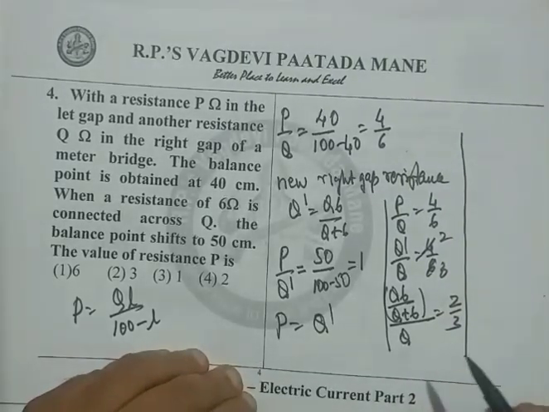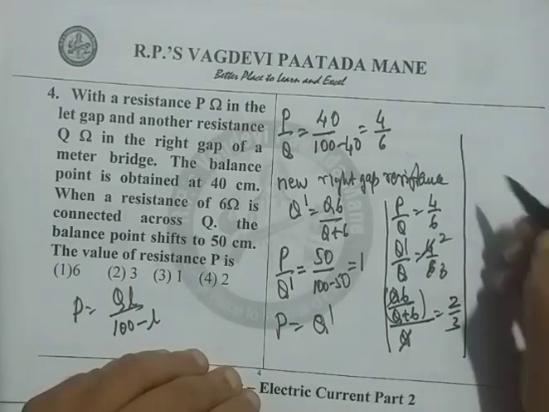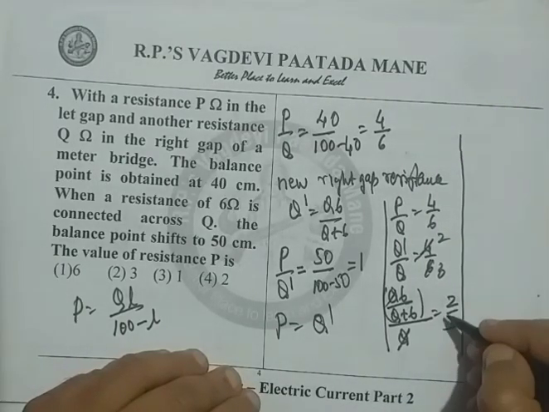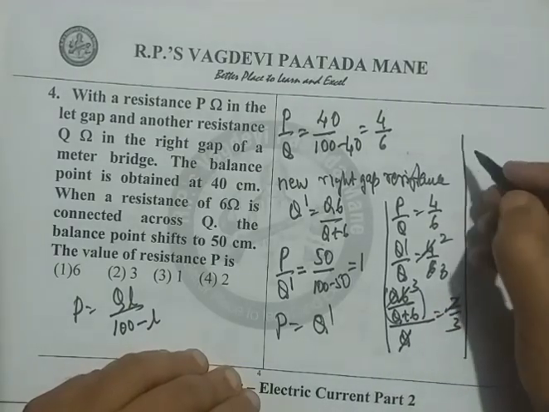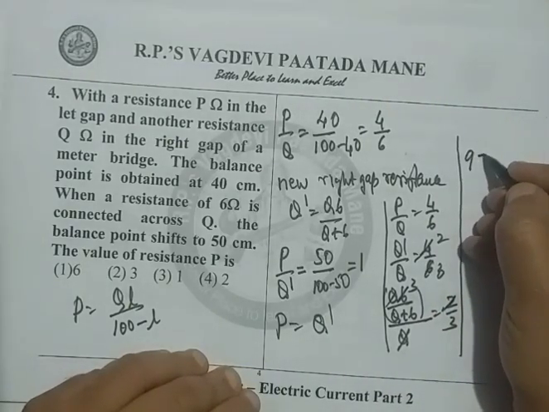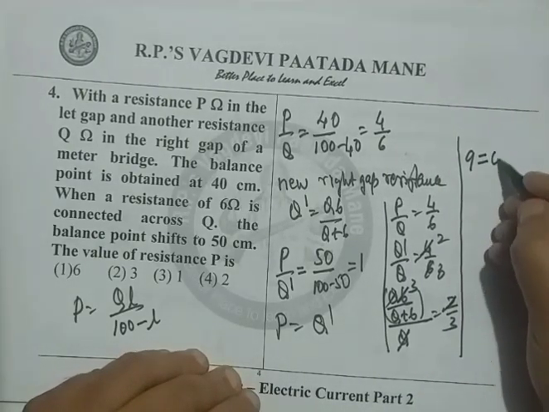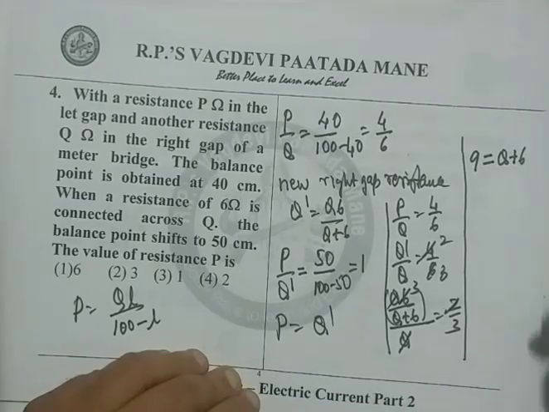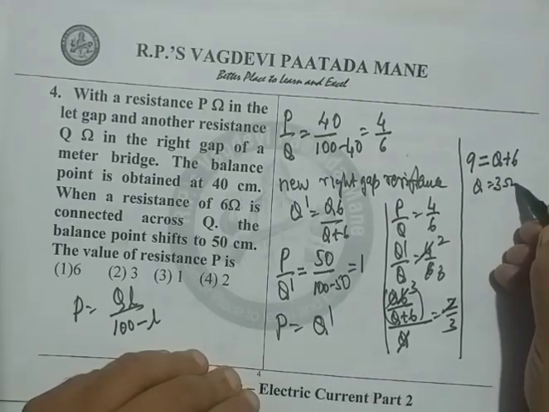Therefore, now Q gets cancelled. Cross multiplying, we can cancel this also, 2 3s are 6. So we have 9 on the left hand side equal to Q plus 6, which amounts to Q equals 3 ohms.